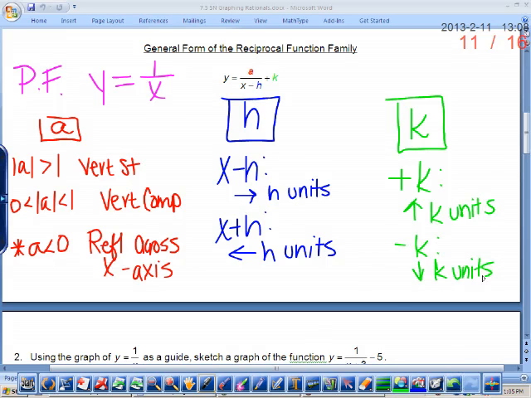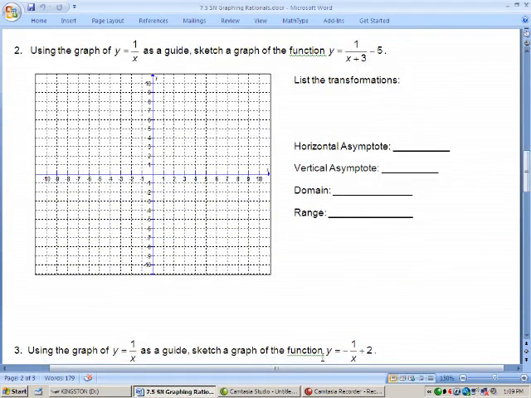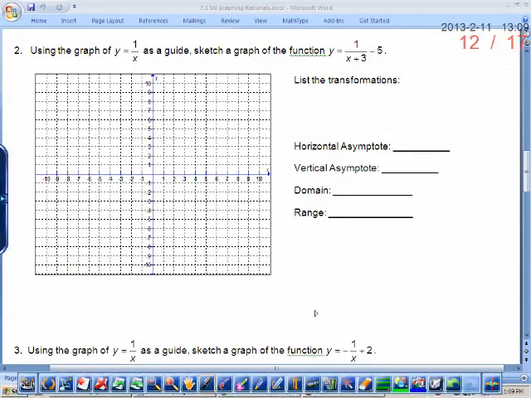Okay? All right, let's try it. All right, so we're going to think of this in terms of transformations from our parent function. What transformations have been applied? Left 3, down 5.